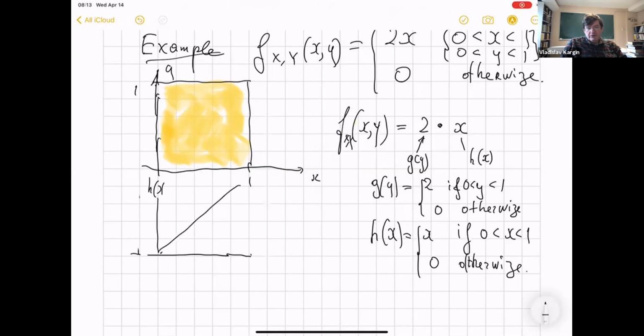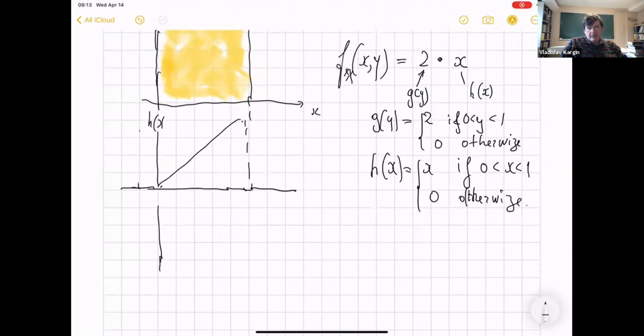Right? So this is just x, and it's 0 outside. And g of y is just equal to 2. Okay, so this is g of y. This is y. This is 1, and again it's 0 outside.